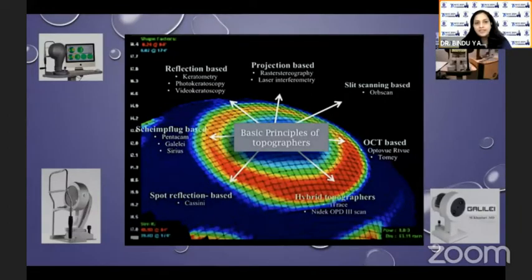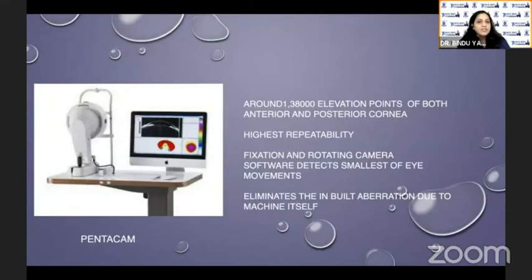Now that we have decided we are going to use topography or tomography for our patients, there are various machines available. Why does the Scheimpflug-based machine have an upper edge? Because it calculates around 138,000 elevation points of both the anterior and posterior cornea, it has the highest repeatability.